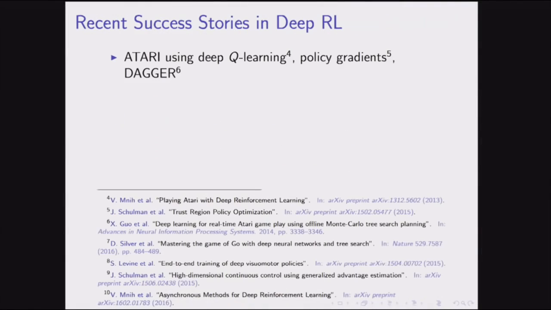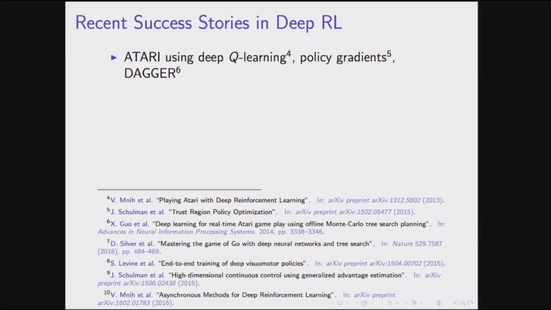Okay, so now that I've talked about why not to use deep reinforcement learning, or what it's not good for, I'll talk about some recent success stories in deep reinforcement learning, which are achievements that probably wouldn't have been possible using these other techniques.